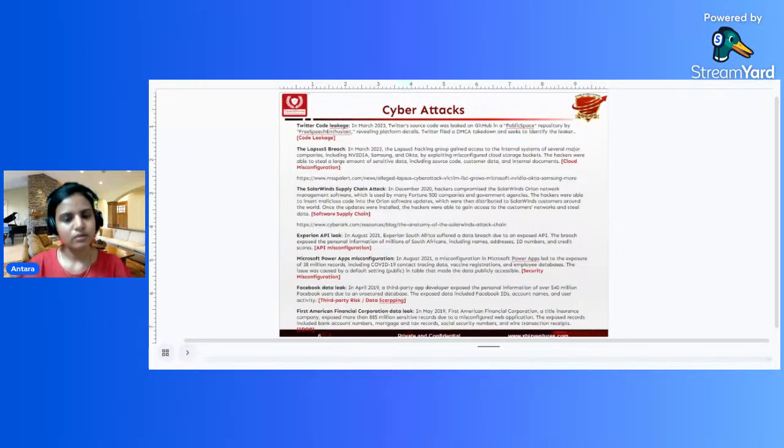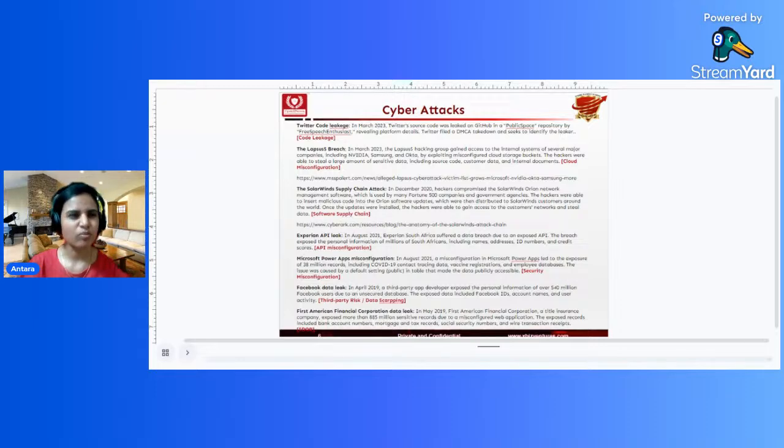And then there was another financial leak at First American Corporation that happened back in 2019, which ended up exposing 885 million records due to a simple weakness in the web application. The attacker exploited that vulnerability, and the web application didn't have appropriate authentication and authorization checks.